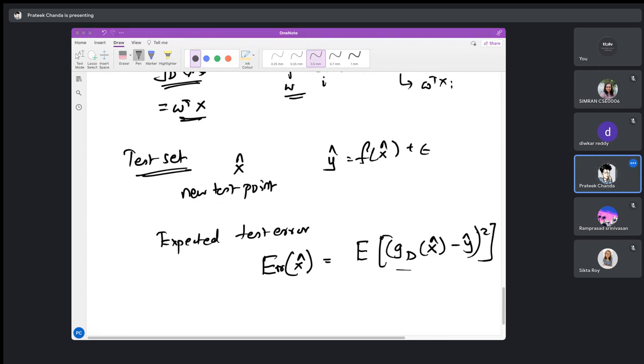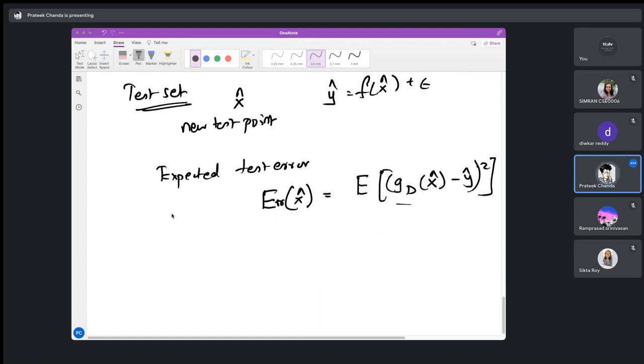There are many possible choices of g_D(x hat), because if I change my w parameter, I get a different predictor, a different colored line, and based upon that I can calculate the bias and the variance.